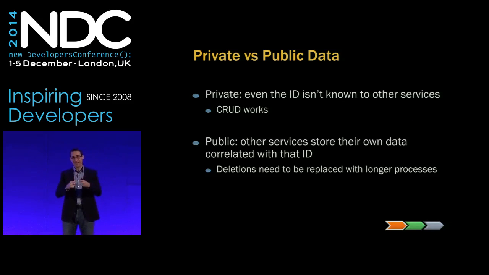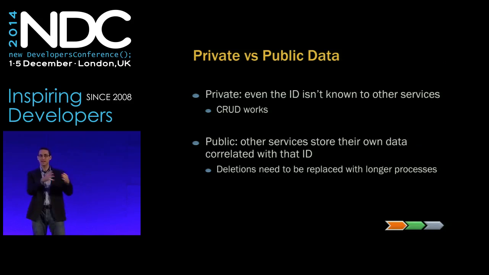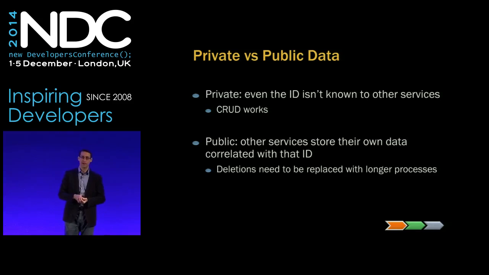Once that identifier goes public, you can't just delete it. You need to start thinking about how we end of life this product, which is going to be some kind of longer process. So be very careful about how you introduce the concept of deletes when you're building this type of loosely coupled publish-subscribe environment.